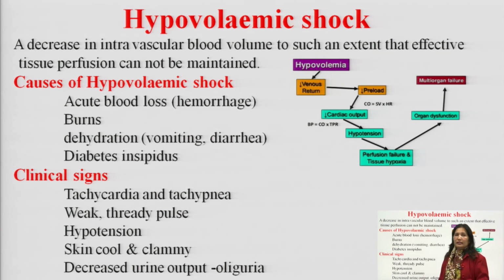So, first is hypovolemic shock. Hypovolemic shock is a life threatening condition in which there is more than 20% fluid loss or blood loss, and it makes it difficult for the heart to pump enough blood and oxygen to the whole body.